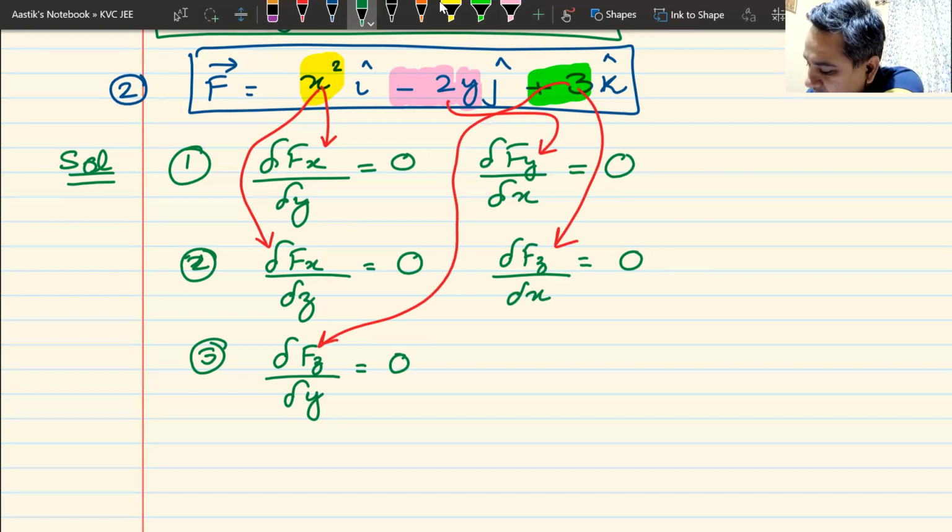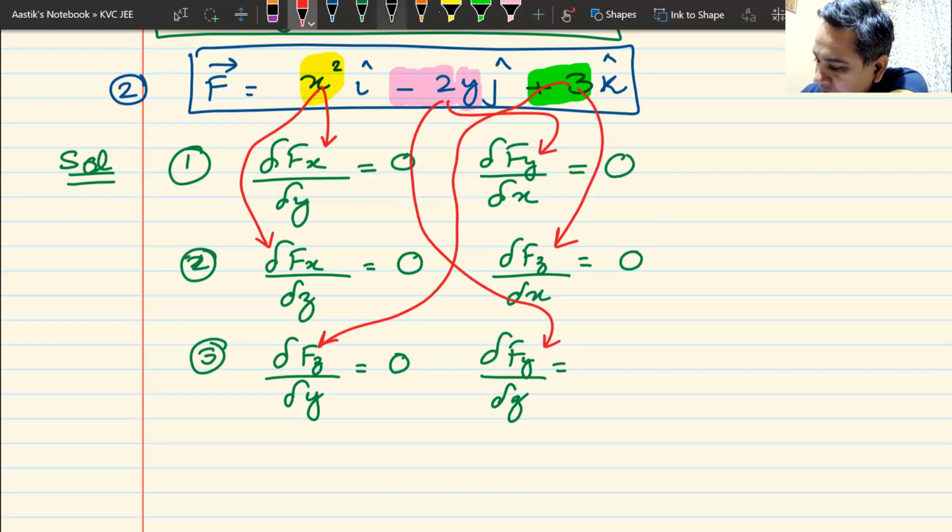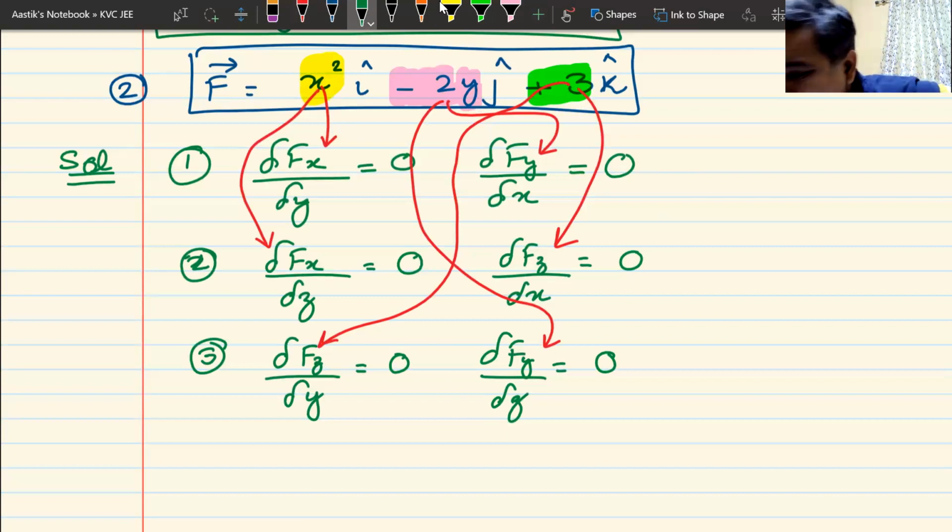Yes, 0 is the answer. Del of fy with respect to del of z. This has to come here. What is the answer? 0. All the conditions have been met. Total zeros. All are zeros. Now you will have an idea.